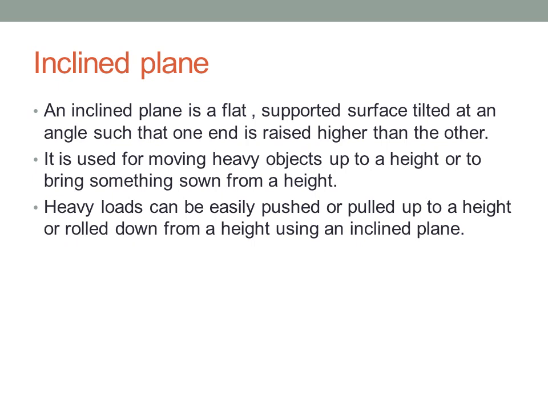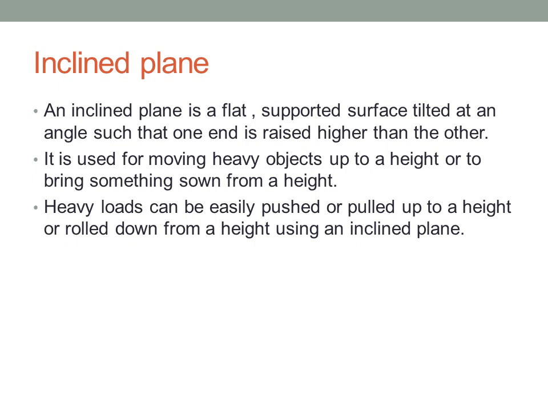In the middle, a support is there. It is a flat supported surface and one end will be raised, another end will be flat. Mainly for moving heavy objects up to a height and bringing them down from a height. Okay. So heavy loads can be easily pushed or pulled up to a height or rolled down from a height using the inclined plane.